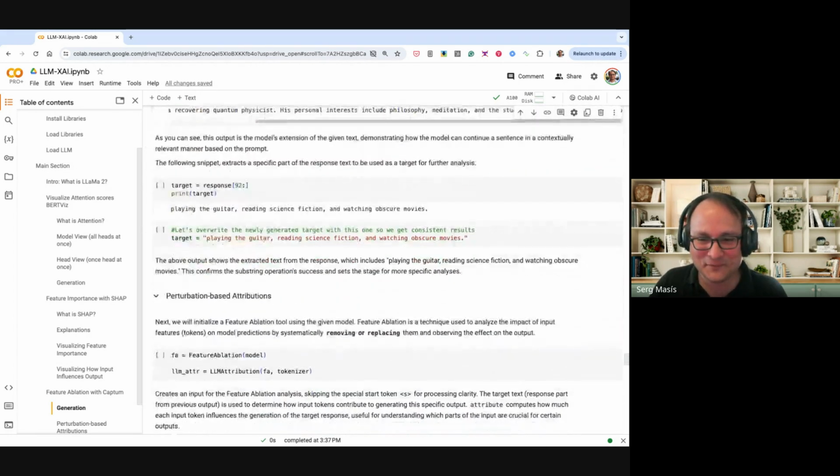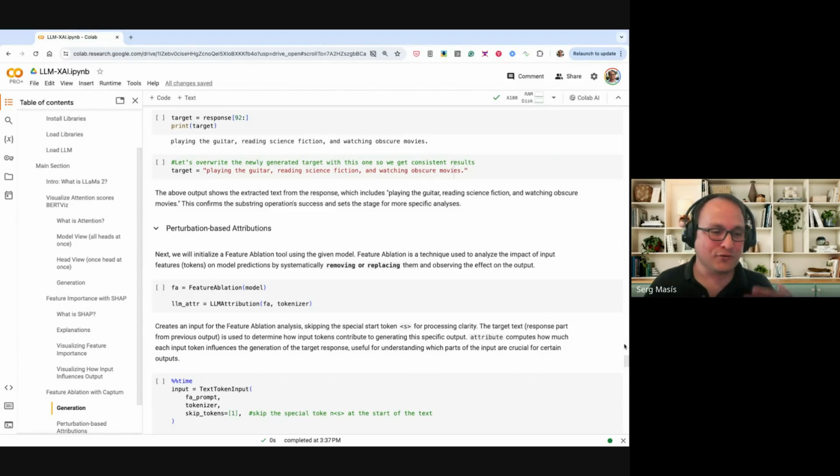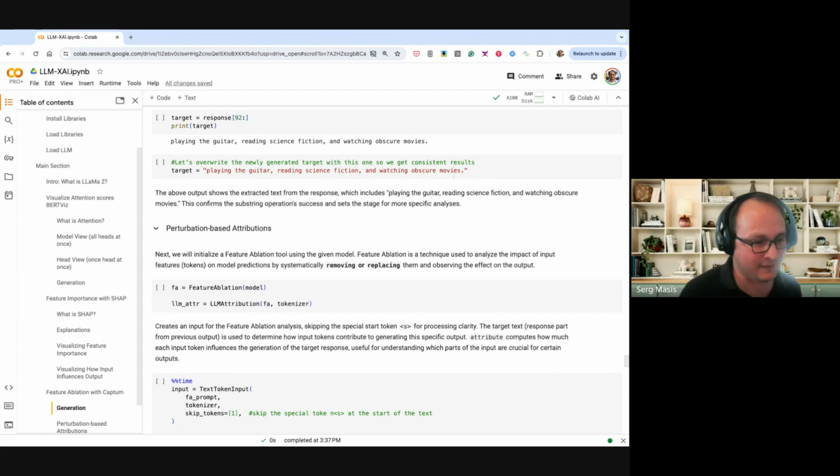So we already looked at what a perturbation-based attribution is, because that's basically what SHAP is. But feature ablation works differently because it works with a baseline. It can be an arbitrary baseline. Imagine having a blank canvas, and you're comparing the output that came out to the blank canvas.